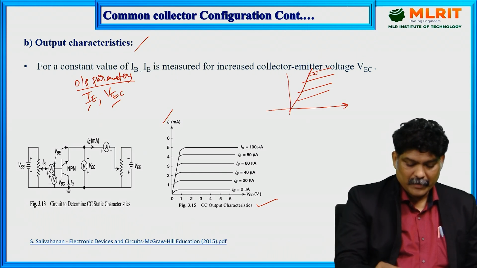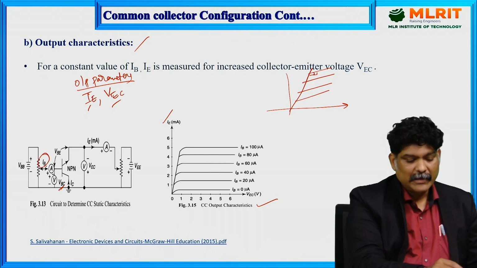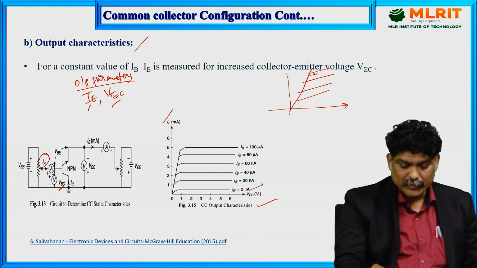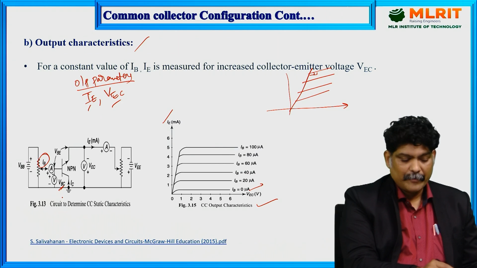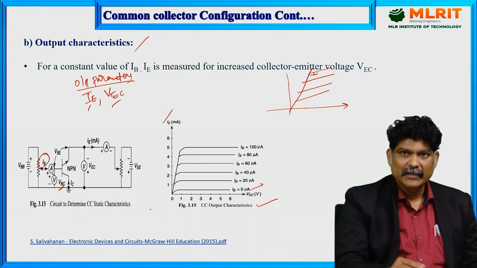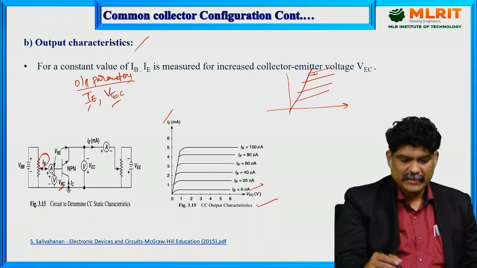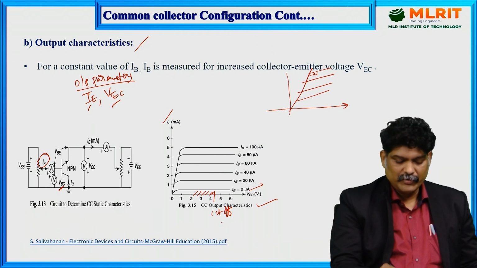Here, for different values of input current IB, starting with IB equal to 0 microamperes, the current is ideally zero, but there is a current due to reverse saturation current, which is very minute. We can say this part is the cutoff region. In this region, your BJT acts as an off switch.